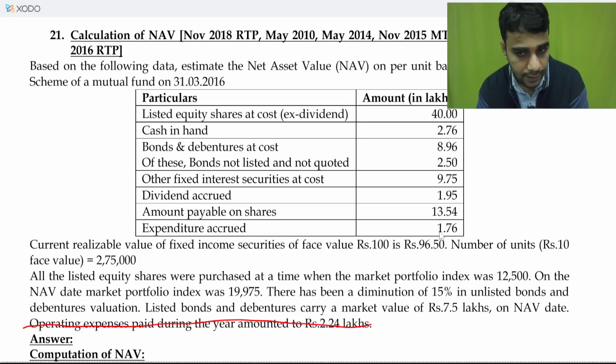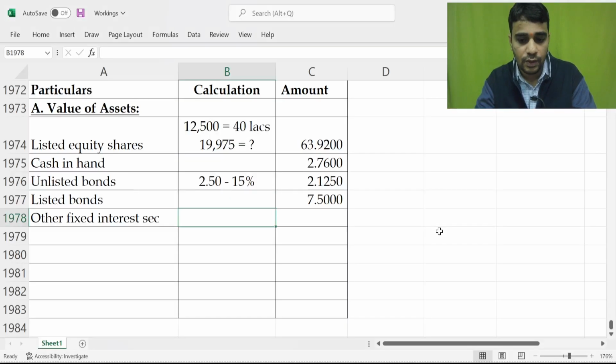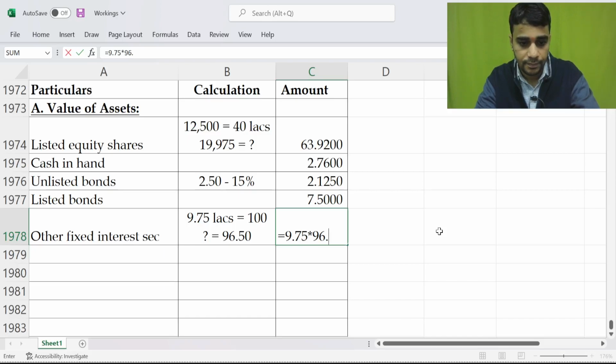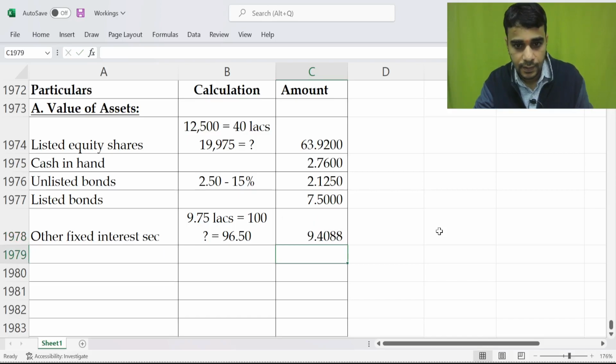Face value is 100 and today's realizable value is 96.5. So 9.75 lakhs is equal to 100. Question mark is equal to 96.5. That gives 9.4088.